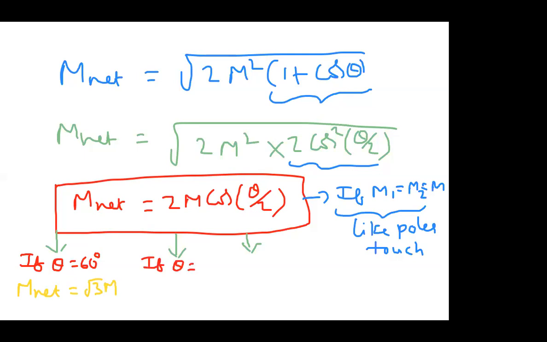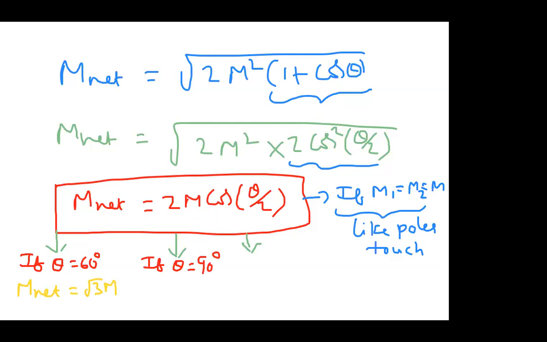Suppose now if theta is equal to 90 degree. Observe now, I substitute theta equal to 90, 90 by 2 is 45, cos 45 is 1 by root 2, 2 by root 2 is root 2.